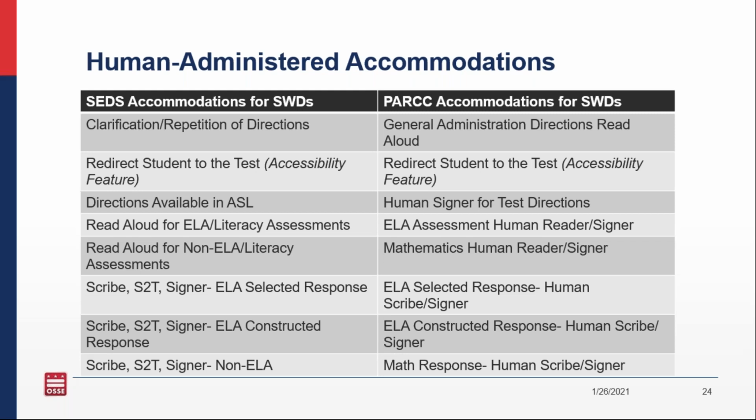We have our read aloud, our scribe, speech to text, signer, and this is for ELA constructive response, ELA selective response, and non-ELA. So you can see that these accommodations are what's listed in SEDS and how they align to what is in PARCC. These are all our human administered accommodations, and this guidance will also be located in the testing accommodations manual for students with disabilities.